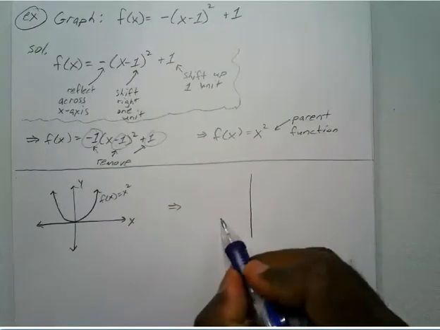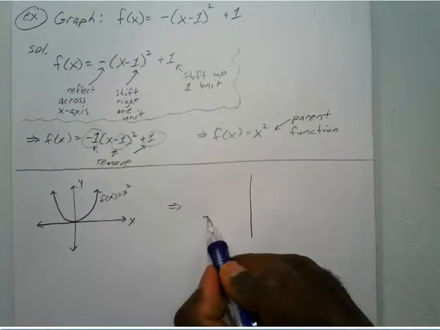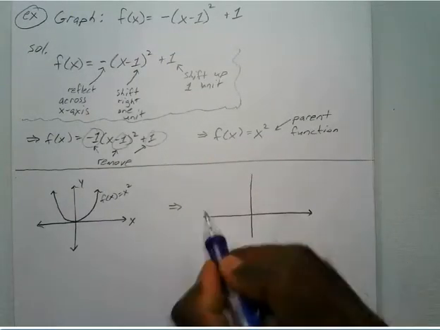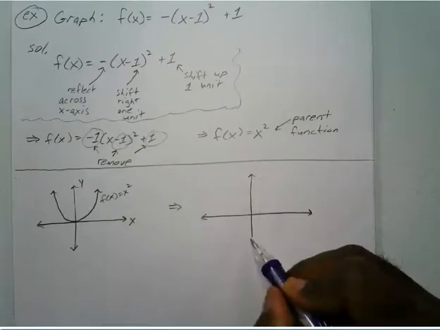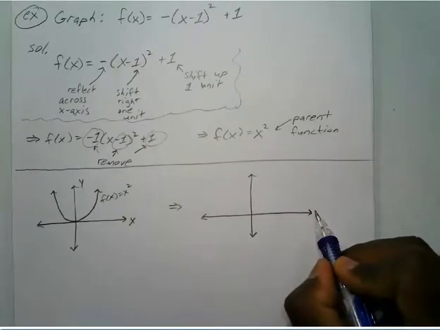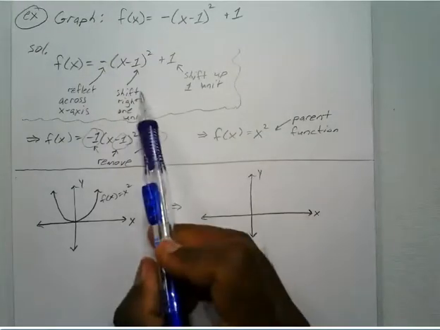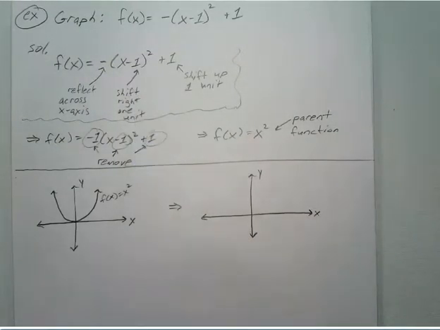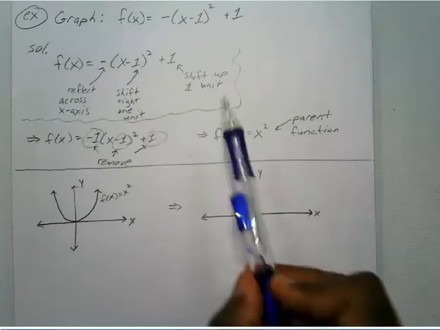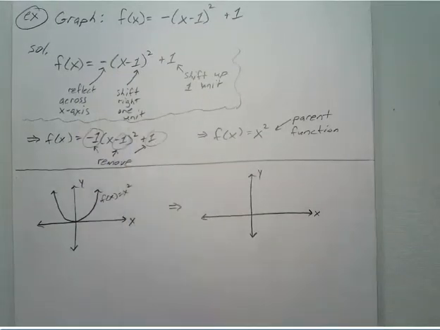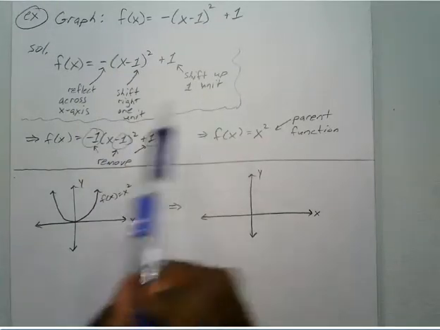Okay, so what I am going to do is we have our X and Y axis over here. I'm going to shift it 1 unit to the right first. Like I said, if you wanted to, you can do this one first or this one first. It doesn't matter at all. As long as you do all 3 steps, you're good.